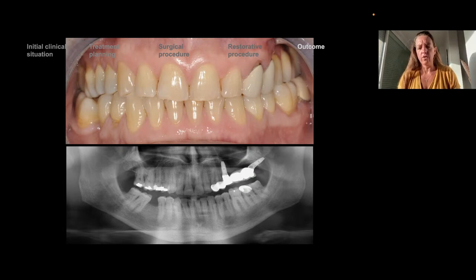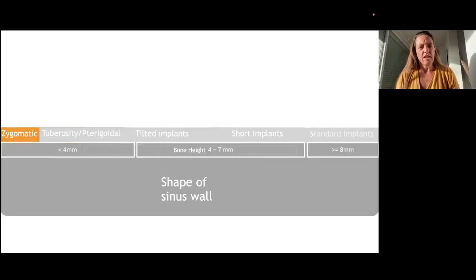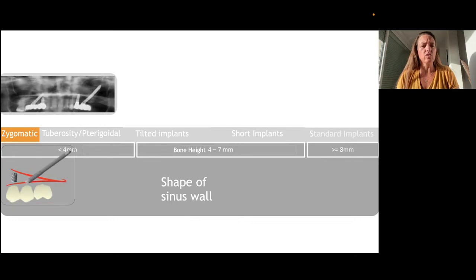I've been using it for 17 years now, and it has fantastic results and can avoid many complex surgeries and many other complications and risks. So zygomatic is also a solution for partial cases, although I don't use it a lot.